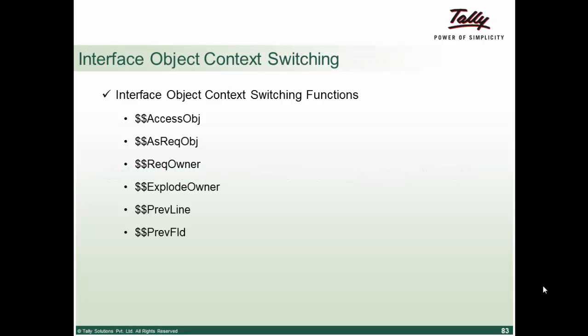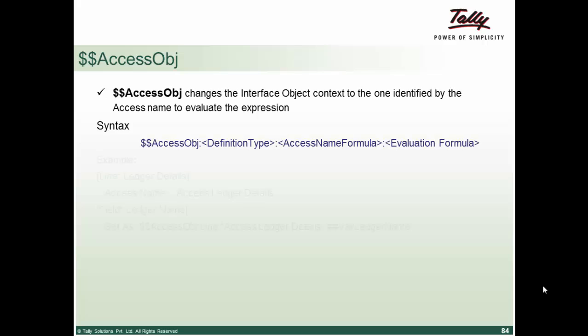These set of functions will help us to move forth and back within the interface and fetch the values. So we have $access obj, $asRic obj, $ric owner, explode owner, brief line, and brief FRD.